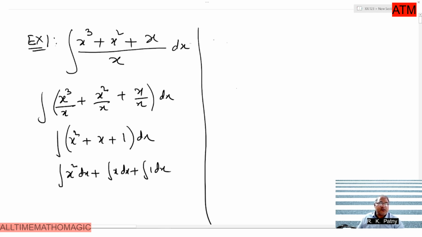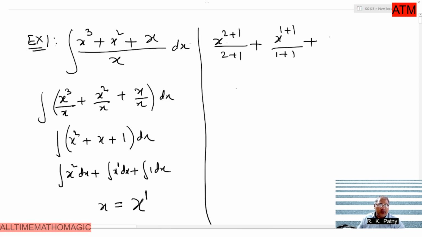Therefore, here integration of x square is nothing but x raised to 2 plus 1 upon 2 plus 1, and here is the integration of x. When it is x, it is nothing but x raised to 1. Therefore here integration of x is nothing but x raised to 1 plus 1 upon 1 plus 1, and integration of 1 is nothing but x plus c.